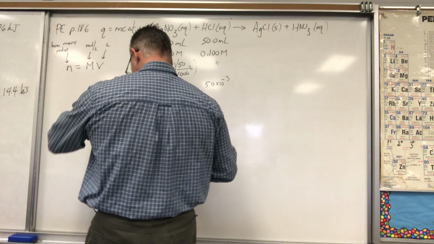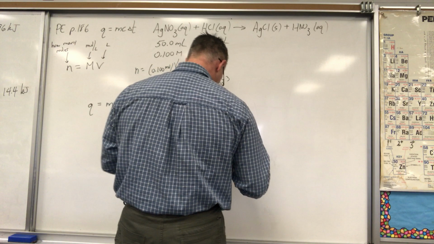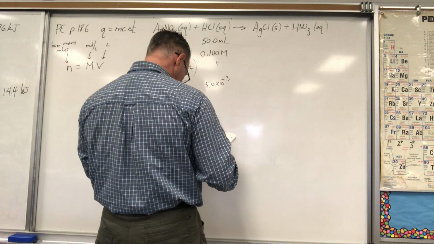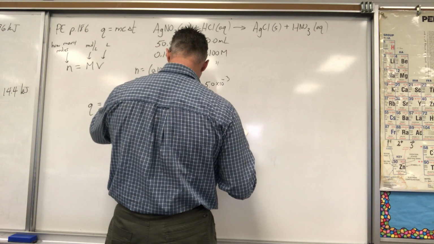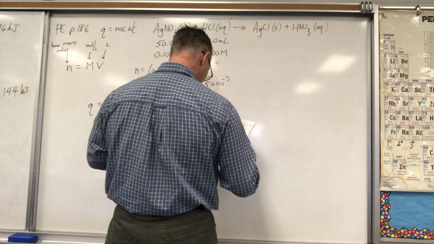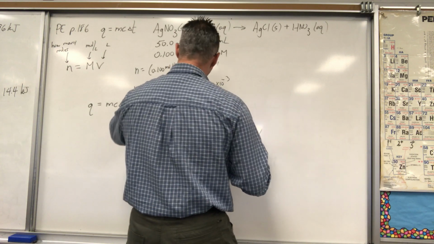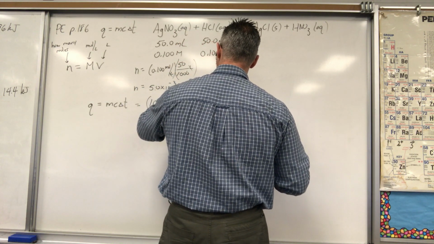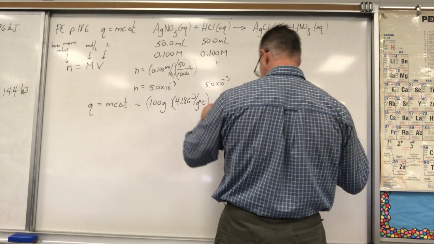So Q is equal to mC delta T. Therefore, let's put the numbers in. 100 grams of solution total when you mix the two together, 4.186 joules per gram degrees Celsius. I think the book said 4.18. I put 4.186. Sorry, that's the way I did my calculation.